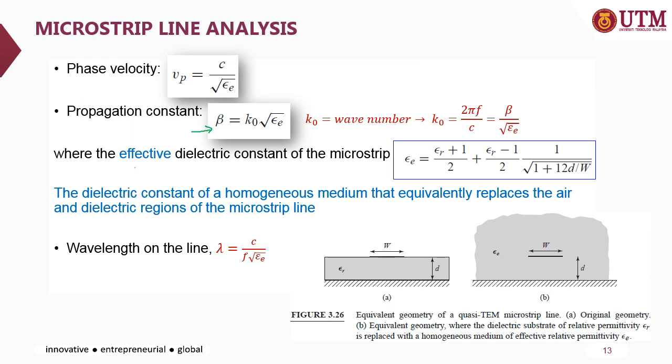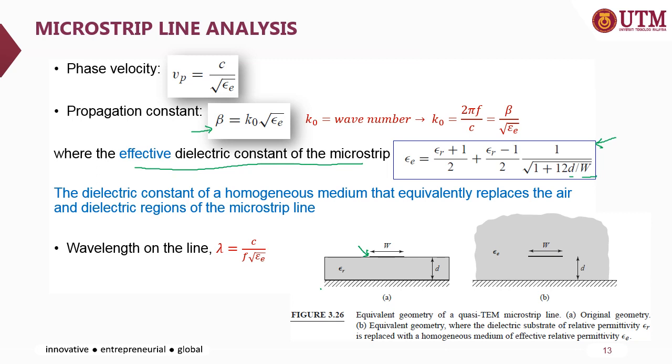The effective dielectric constant of the microstrip can be calculated by this equation, in which you have the d and also the width. The d is basically the height or thickness of the substrate material that separates the microstrip line from the ground plane.